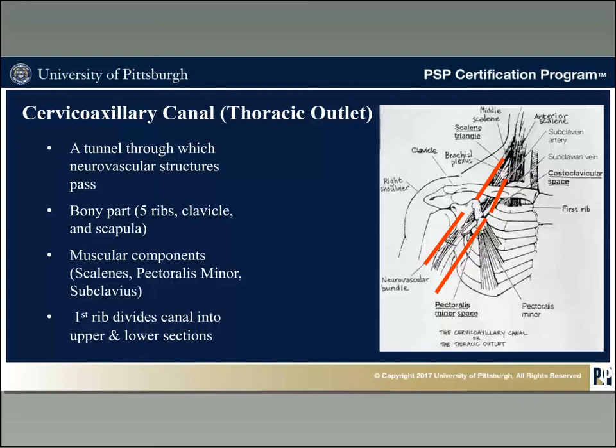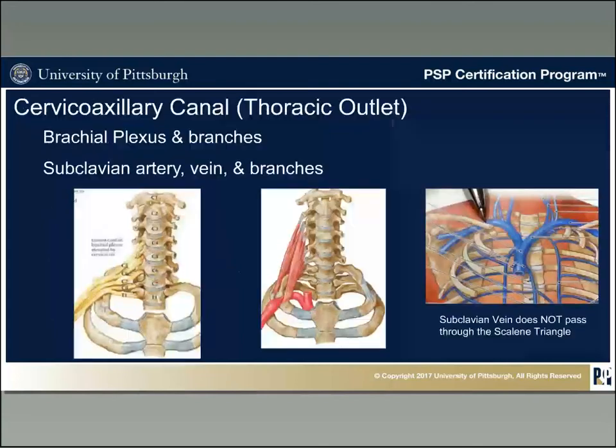Essentially, this is a tunnel through which the neurovascular structures will pass. It is defined by bony aspects, including the ribs, the clavicle, and the scapula, and there are muscular components, including the scalenes, the pectoralis minor, as well as the subclavius muscles. The first rib will divide this canal into both an upper and lower section.